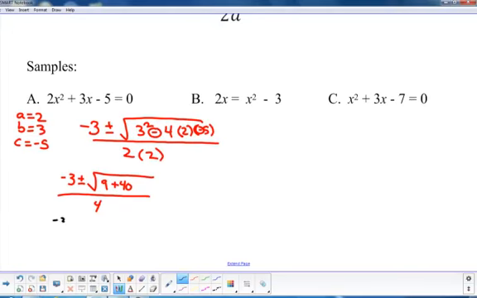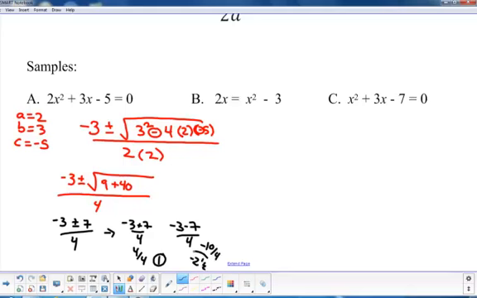So we have negative 3 plus or minus the square root of 49 is 7 divided by 4. So that means we have negative 3 plus 7 over 4, and we also have negative 3 minus 7 over 4. So 4 over 4 is 1, and negative 10 over 4 is negative 2.5.